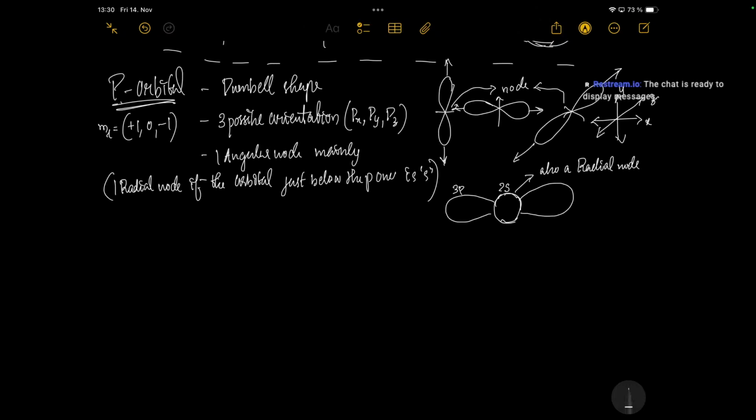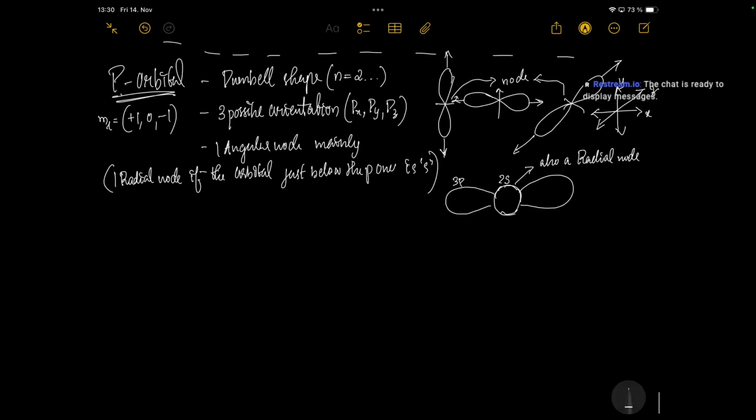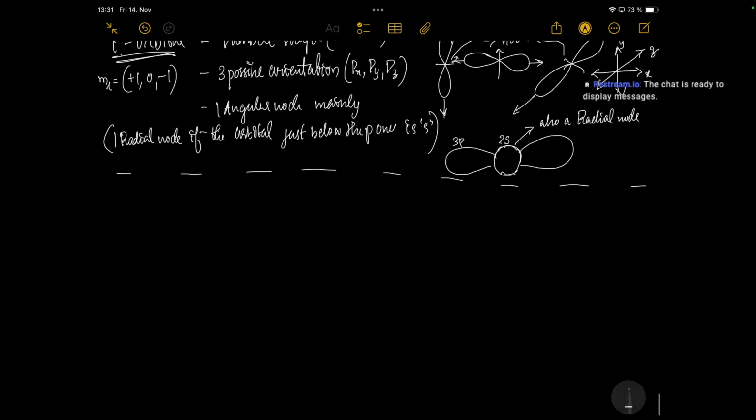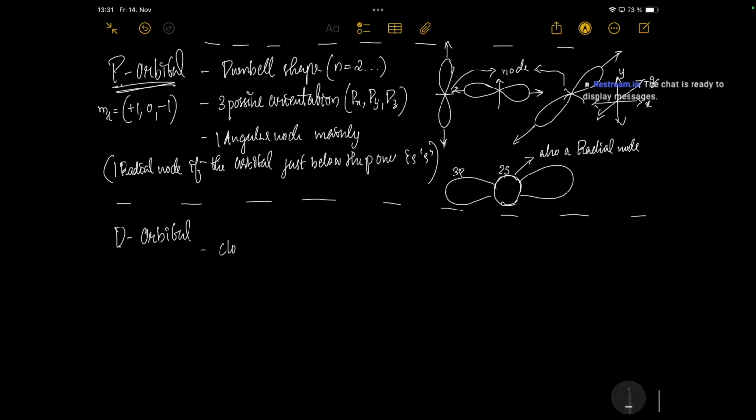Do I have to mention anything else? Oh yeah, and the d orbital: clover leaf shape.